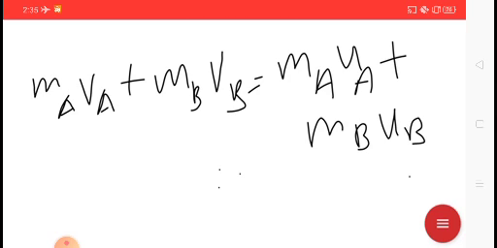Find the impulse of each ball. Normally, if the question does not mention any direction, oblique or any angle, this is a horizontal collision. So assume this is a horizontal collision.